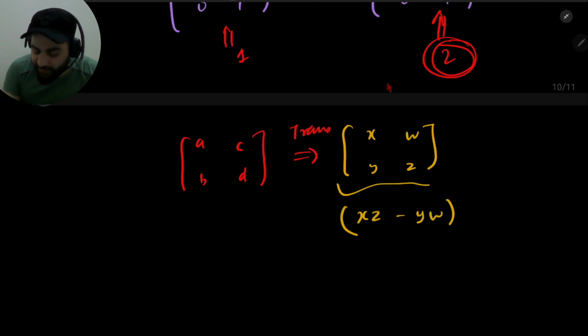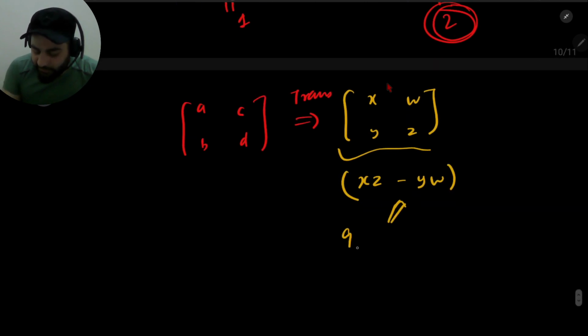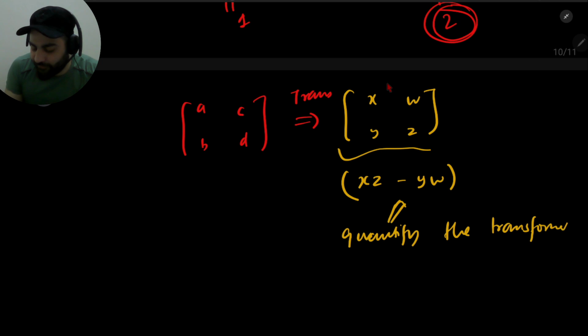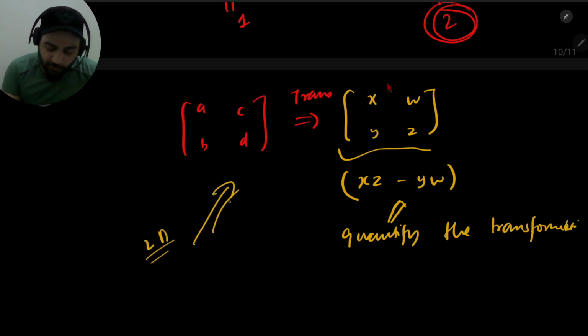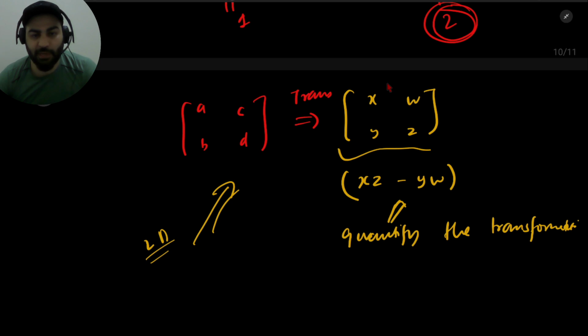So this will basically quantify the transformation. This is in 2D. Everything so far happened in 2D, and we can extend it to 3D. Let me again show you the animation of the determinant so that you understand it really well. So I'll open that animation. That's why it's really important to teach algebra in this way.